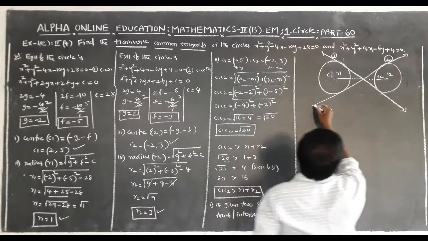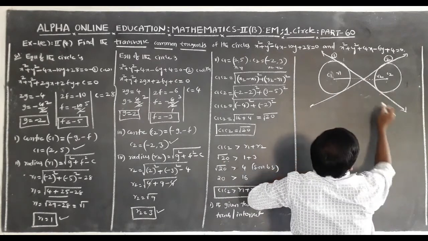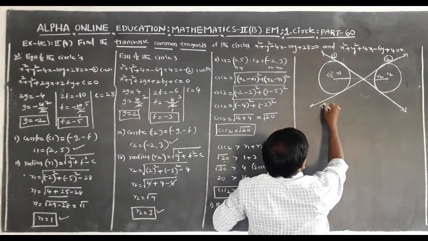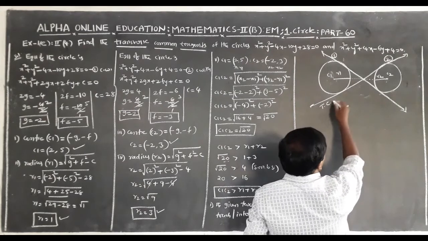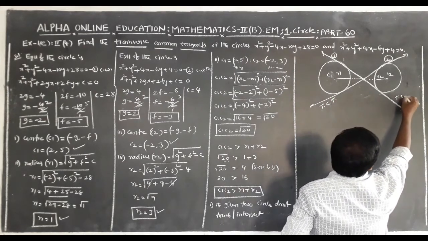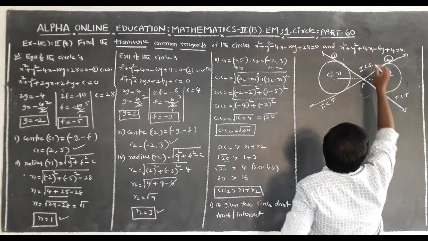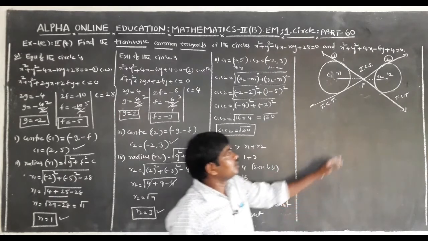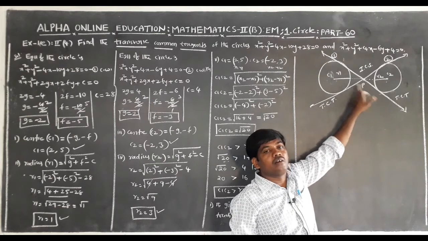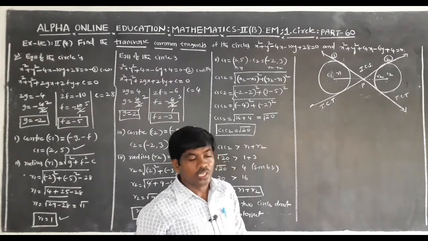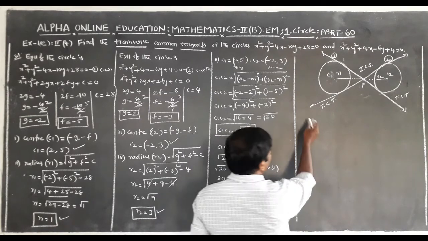The point of intersection of the transverse common tangents is called the internal center of similitude. Here P divides the line segment C1C2 in the ratio R1 to R2 internally.